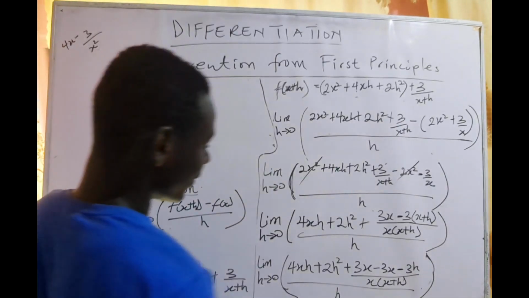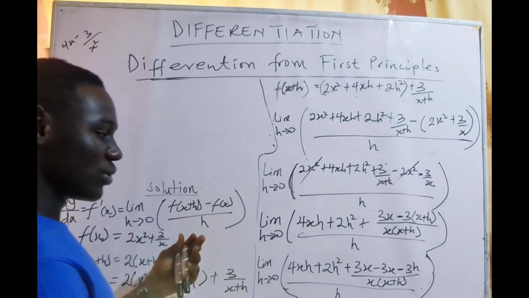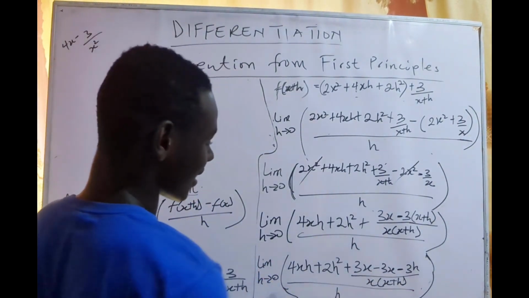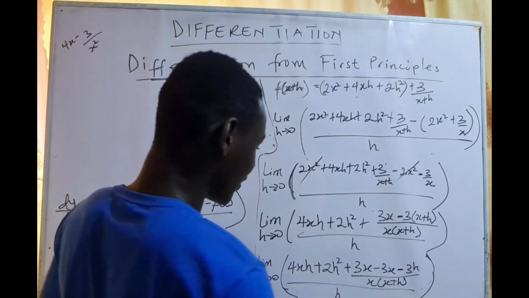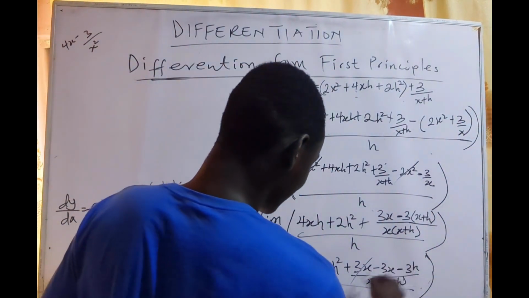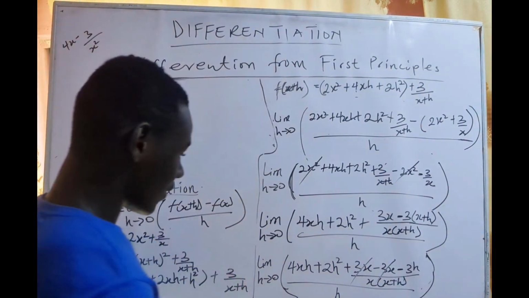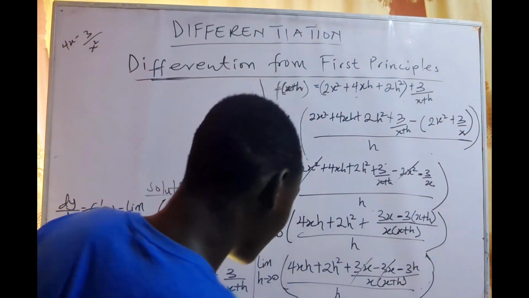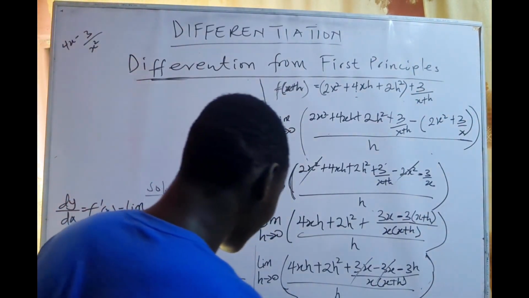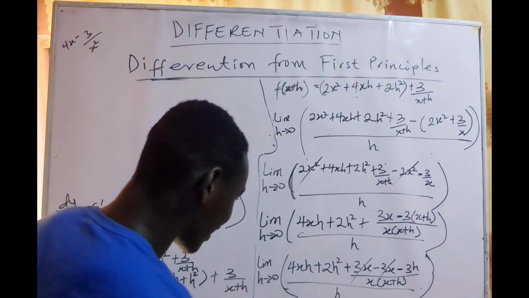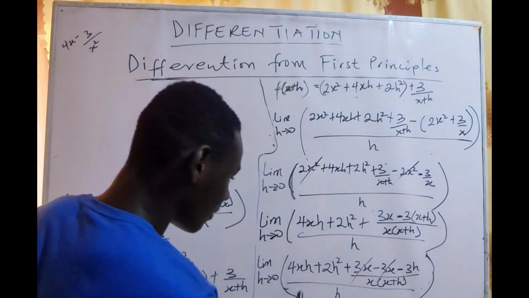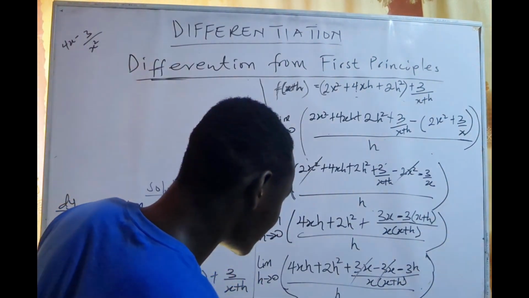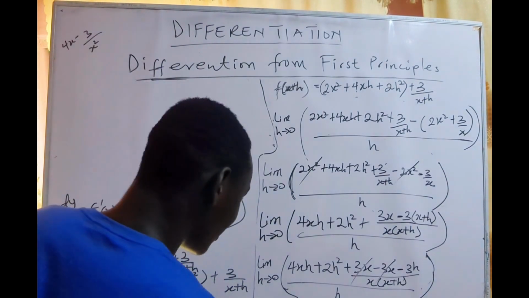So here we can see some like terms to subtract and add. Our 3x minus our 3x gives us 0, so definitely we will cancel our 3x and negative 3x from the expression. Let's see if we can find another like term to cancel or add. 4xh plus 2h squared minus 3h, we cannot do anything about it.